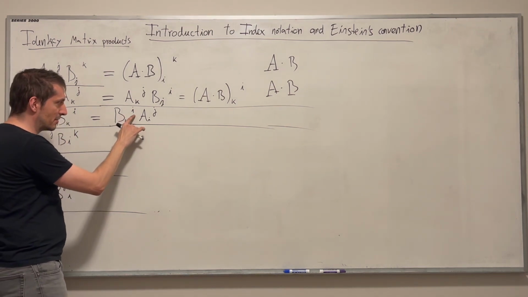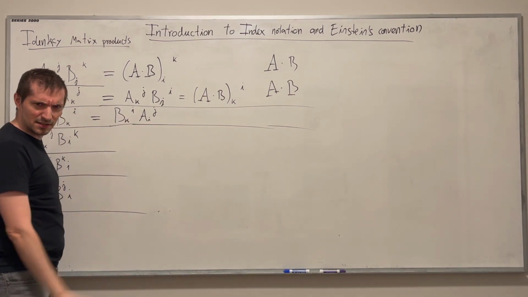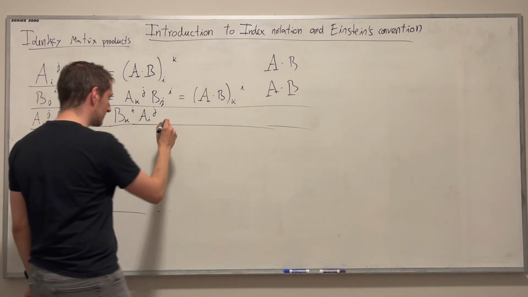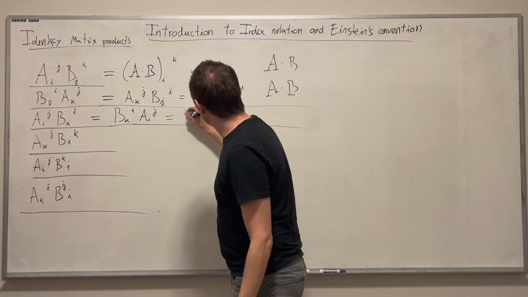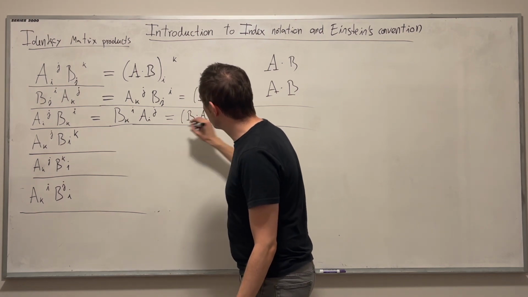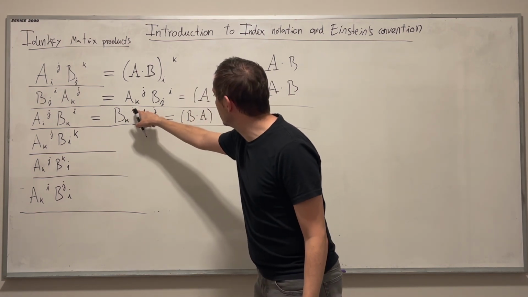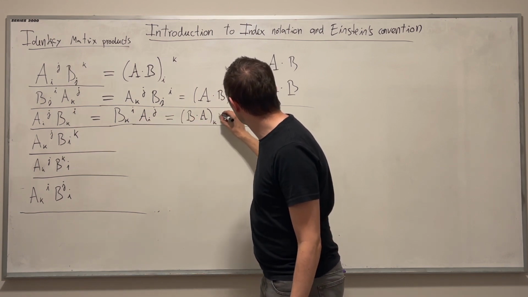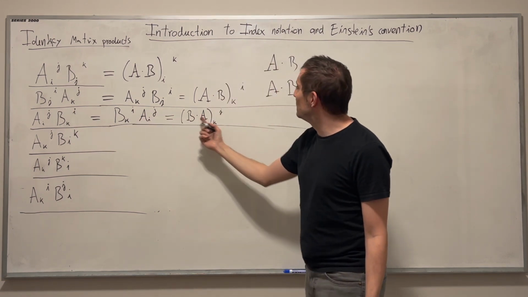The second index of the first one contracted with the first index of the second one. That's a matrix product. And indeed, this thing is the matrix product B times A. Entry, in this case, the dummy index is I, so it's K J.